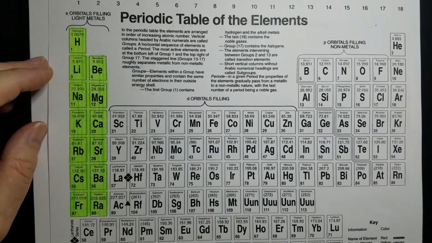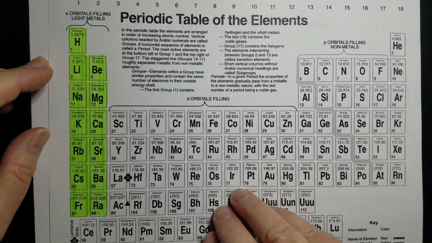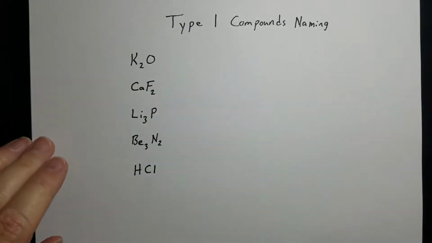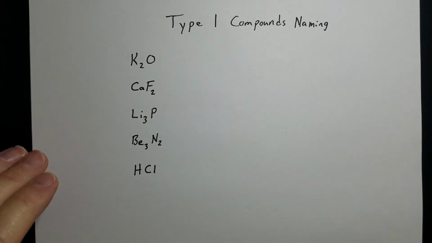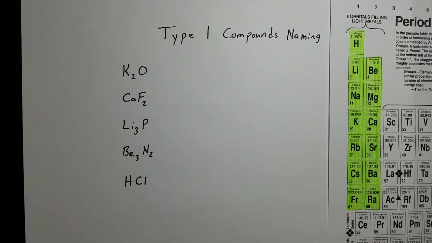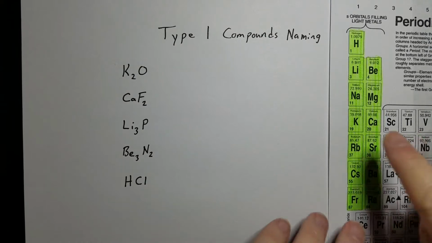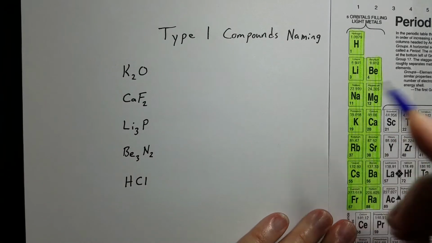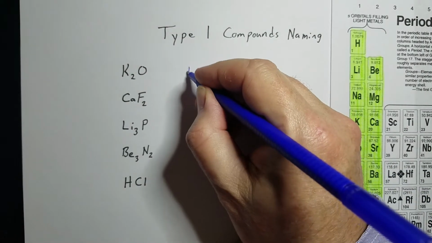So let's look at some type 1 compounds and name them. Starting off, we have K2O. So K is potassium. So this would be potassium.